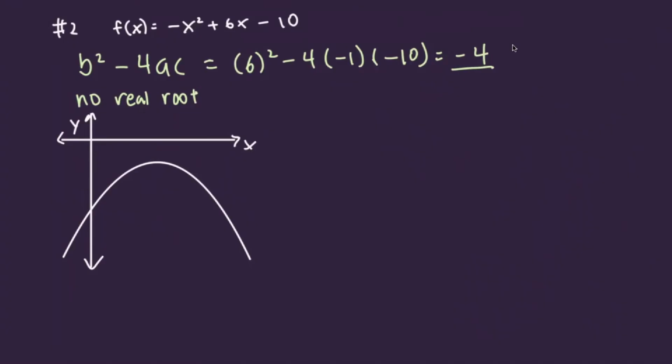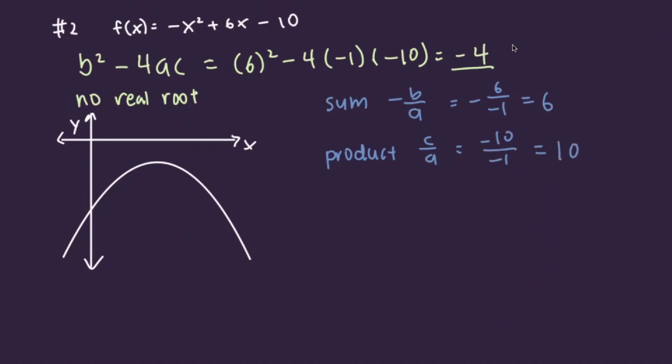Let's find the sum and product of the roots. Remember our formula for the sum is negative b over a, and our product is c over a. So our sum, negative b over a, that'll be negative 6 over negative 1, which equals 6. And our product is negative 10 over negative 1, which equals 10.